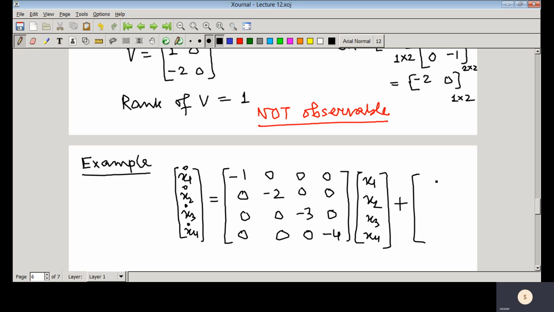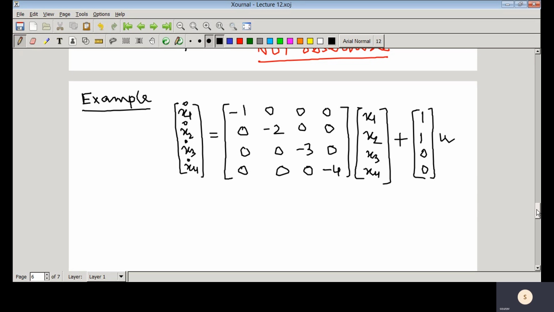Now the input matrix B is [1 1 0 0]. Suppose you have this description, and y equal to [1 0 1 0] times x1, x2, x3, x4.